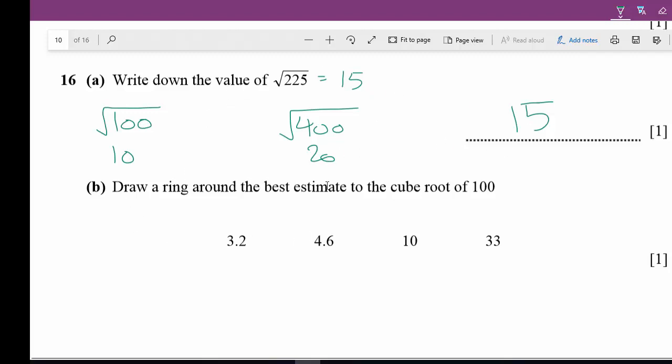Draw a ring around the best estimate to the cube root of 100.